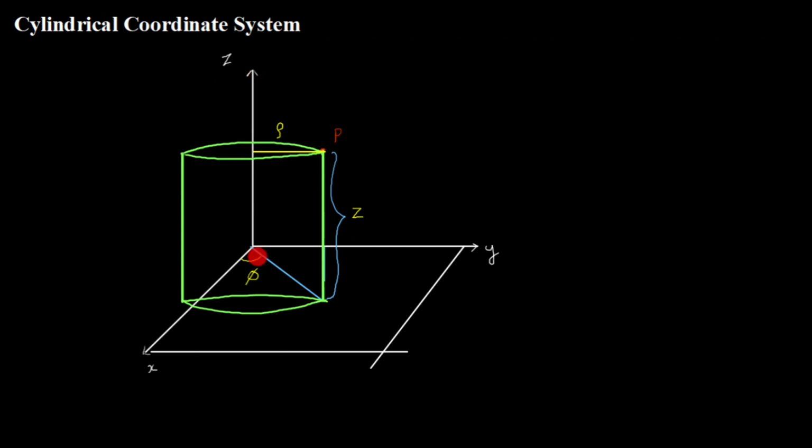The reference is obviously the XYZ coordinate system or Cartesian coordinate system, but what is helping me to locate this point P now is a cylinder. So the name: cylindrical coordinate system. But here you have to remember one thing. This point P cannot always be on top of the cylinder or the edge of the cylinder.